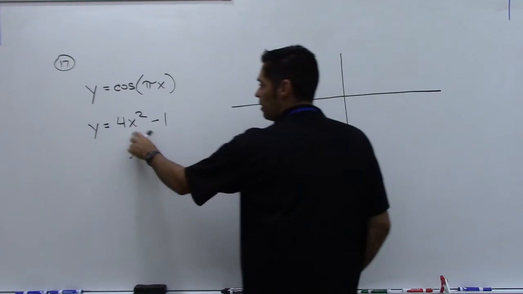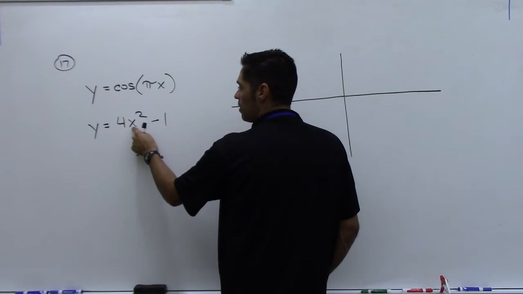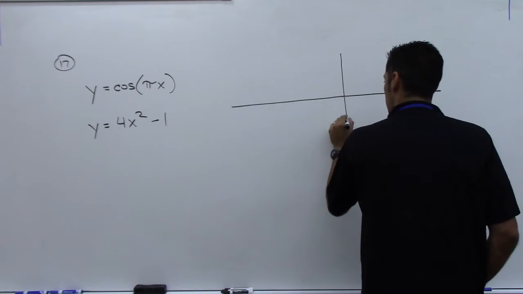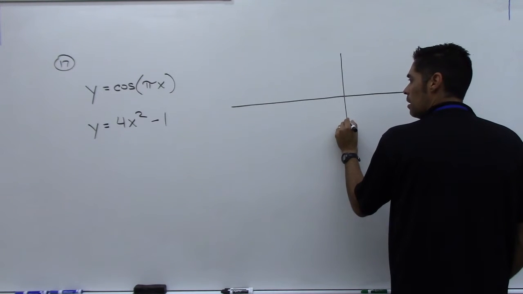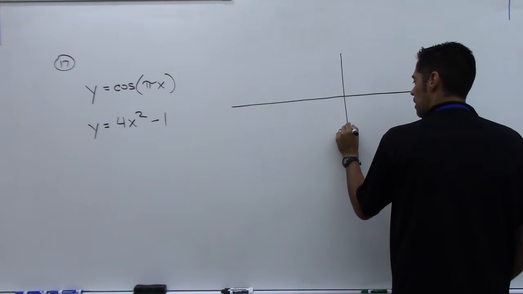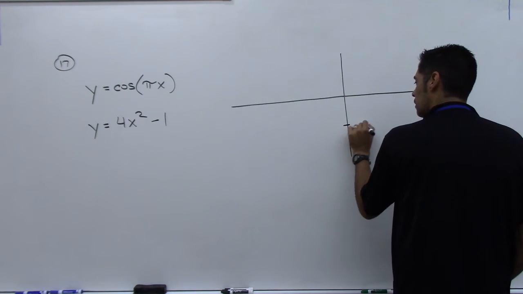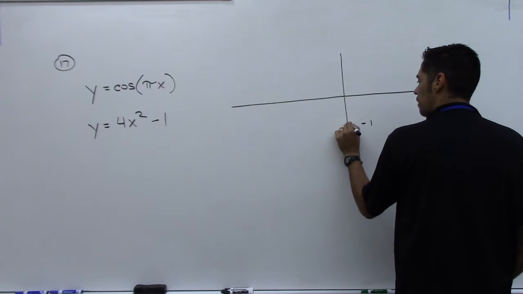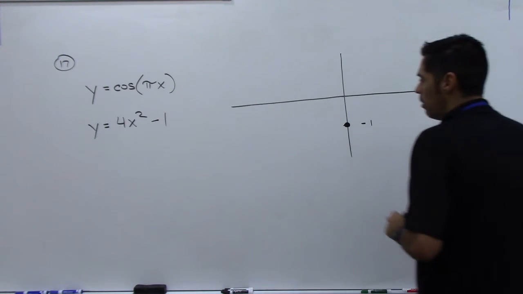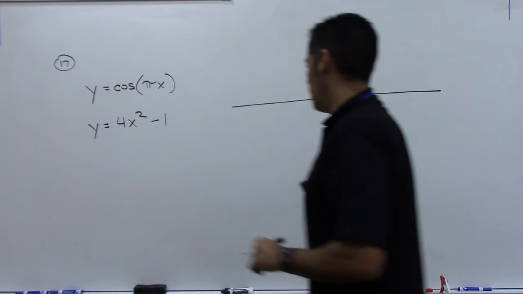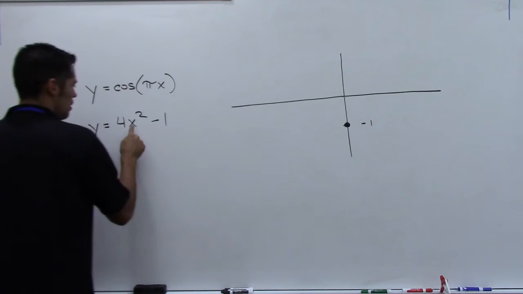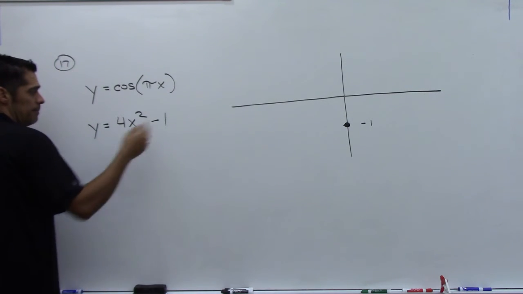All right, let me start with this because it's a quadratic. I know it opens up and it's been moved down 1. Let's try and get a pretty decent graph of this. I know it starts here. When I plug in 0 for x, I get that for y.